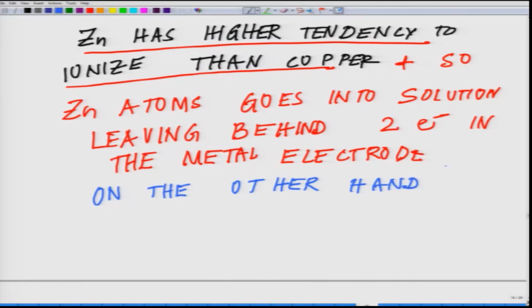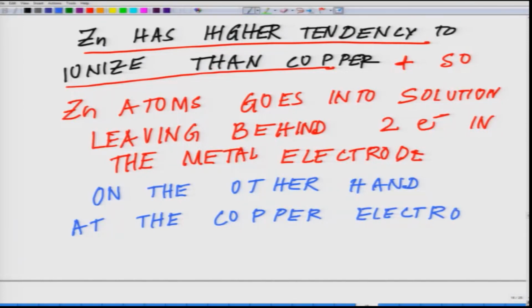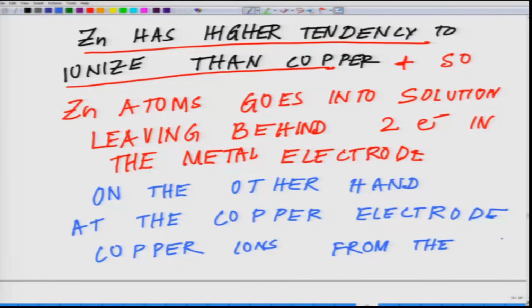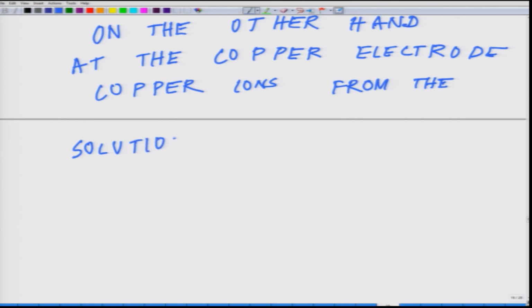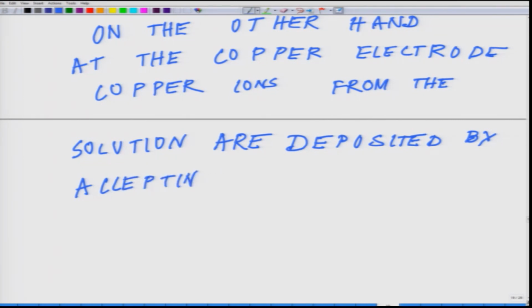At the copper electrode, copper ions from the solution are deposited by accepting 2 electrons each from the electrode.